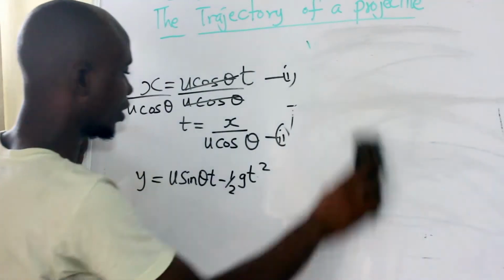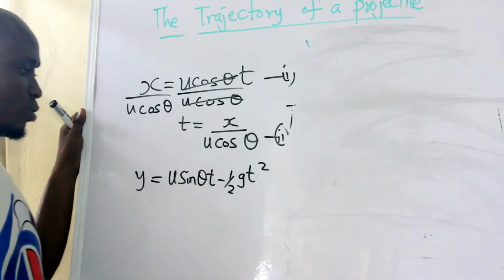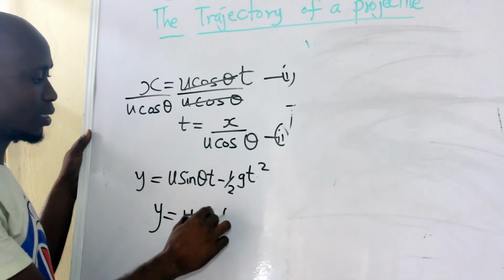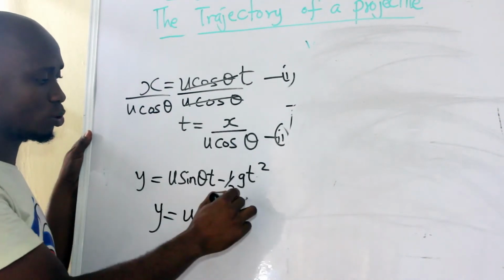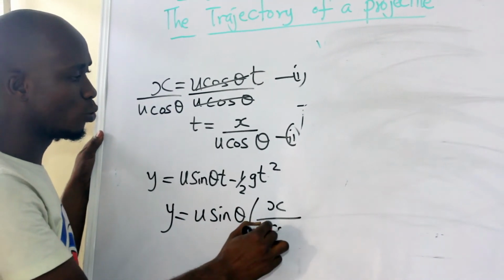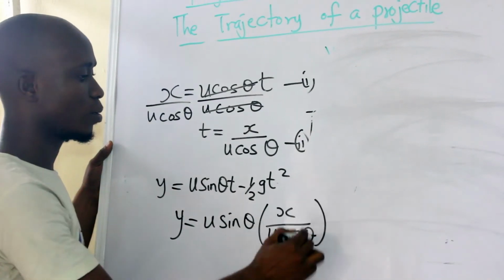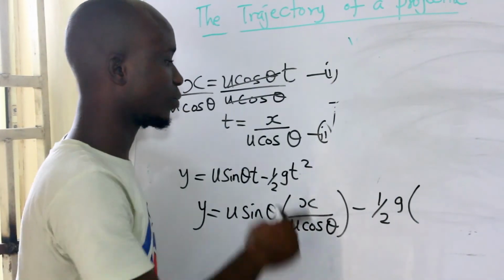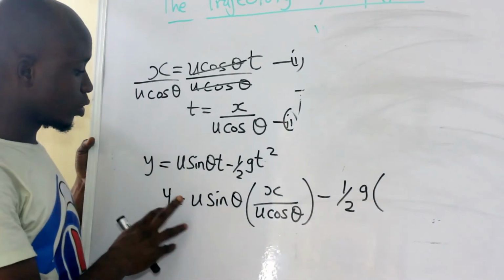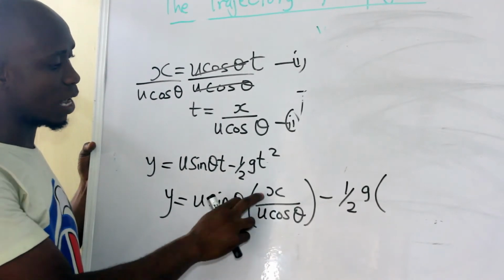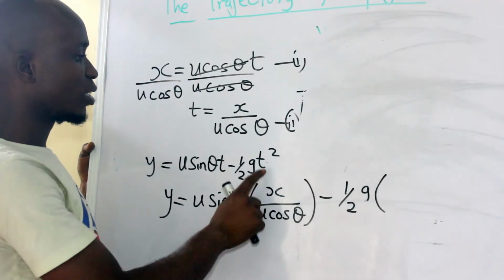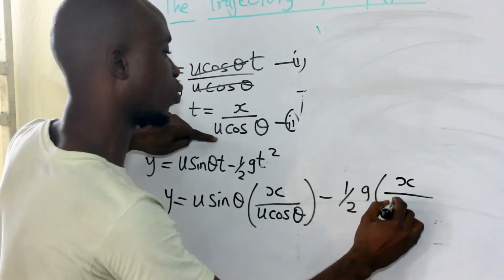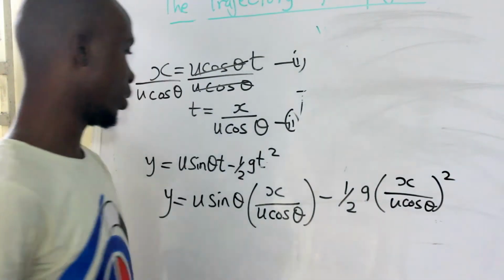So we have y equals u sine theta, and instead of t, I'm going to have x over u cos theta, minus half g, and we have t squared, so instead of t squared we have x over u cos theta all squared. So this is what we have.